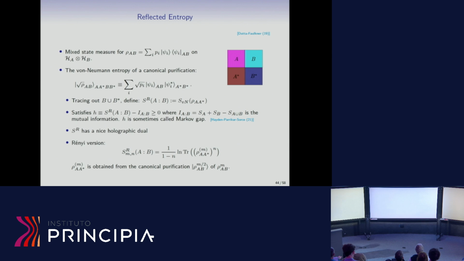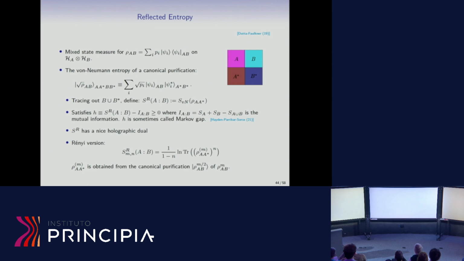So what is a canonical purification? It is the pure state which corresponds to this mixed state, but it is defined in a bigger Hilbert space. My Hilbert space initially is H_A tensor H_B, but you double the degrees of freedom, so you now have copies of A and B. So it's a bigger Hilbert space, and you define a pure state in it. In simple terms, you just flip the bra to ket.